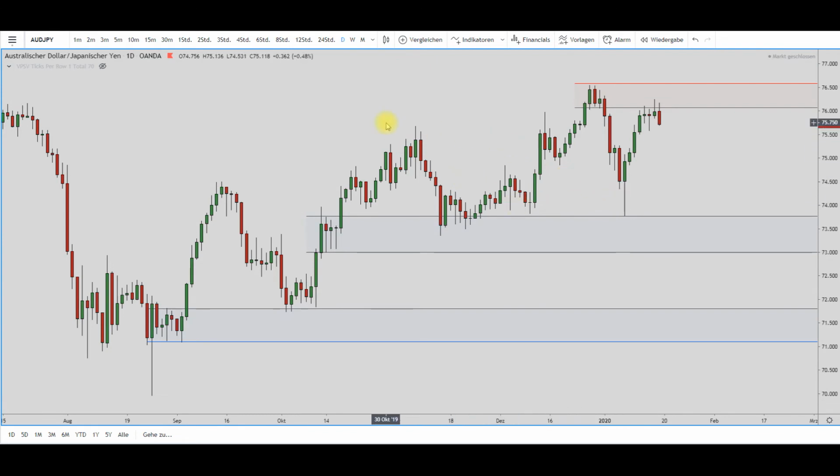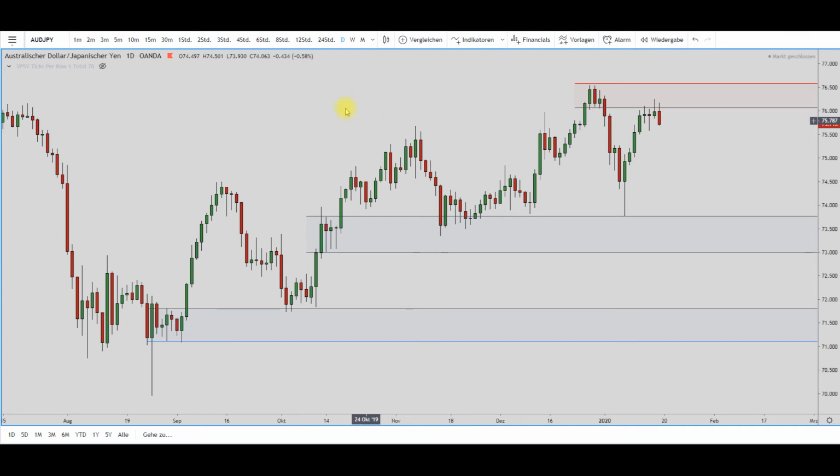I was alerted a couple of days ago when we hit this supply zone on the daily chart, but there was no pattern for me to trade. Well, there were patterns, but nothing I particularly liked to place a trade.